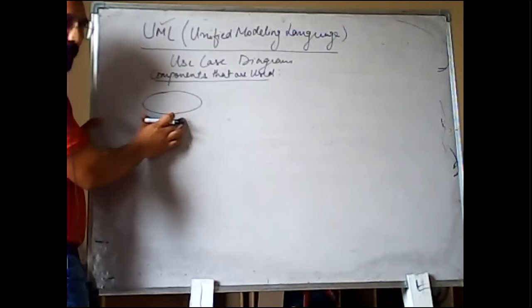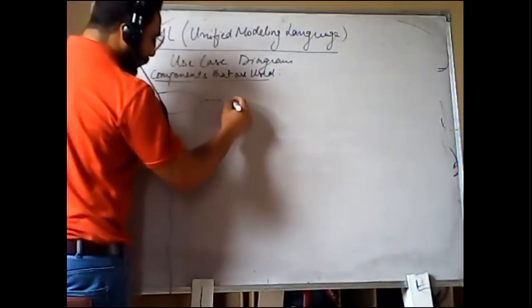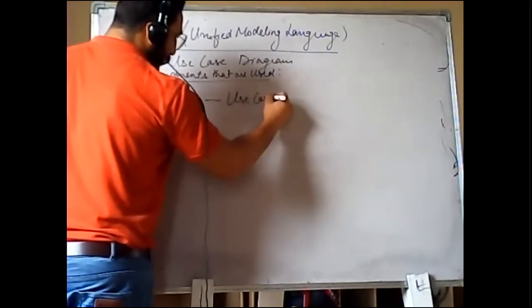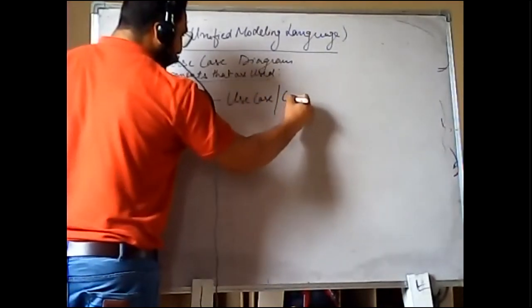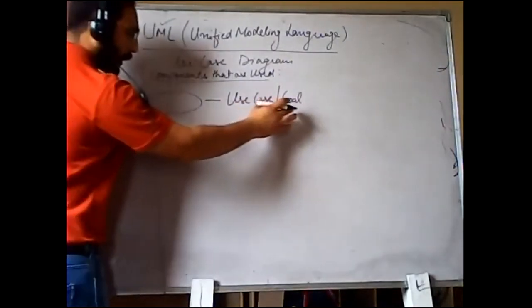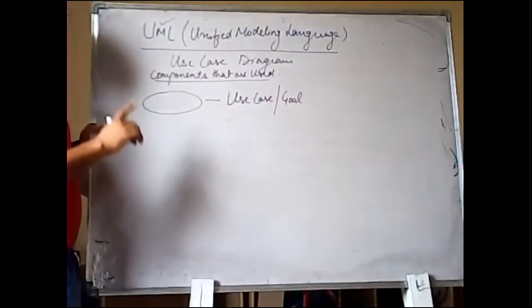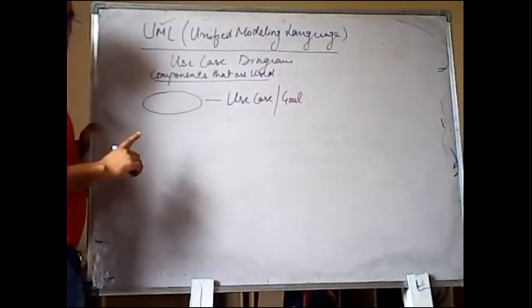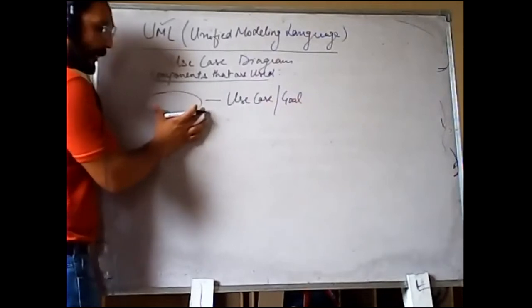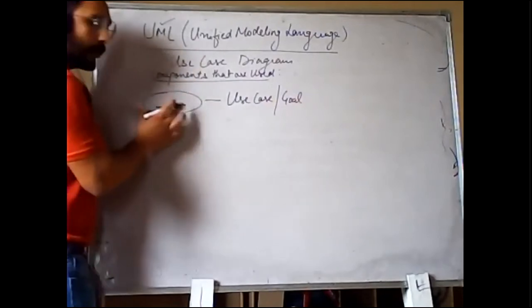It is a symbol of an ellipse, and it is denoted as a use case, as well as a goal. A use case or goal is performed by a user, and we will write the name of the goal in the ellipse.